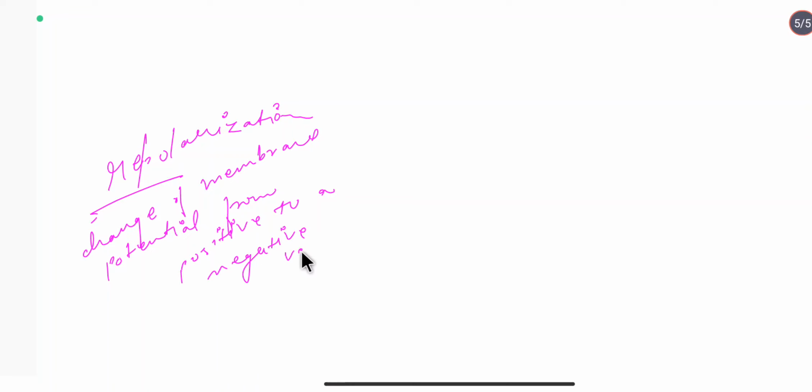And in the case of neuron, it is plus 30 to minus 70 millivolts again. So now you will ask, okay ma'am, everything is fine. What happened? We were at resting membrane potential of minus 70 millivolts. We went to plus 30 millivolts by allowing sodium to go inside the cell, and now we are coming back to minus 70 millivolts after allowing the potassium to go out of the cell.